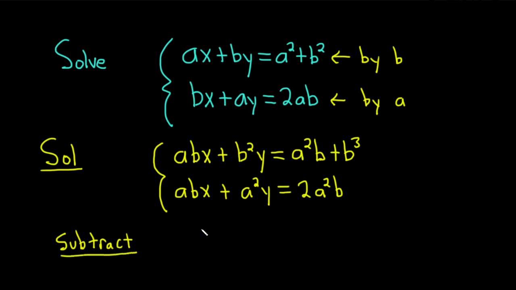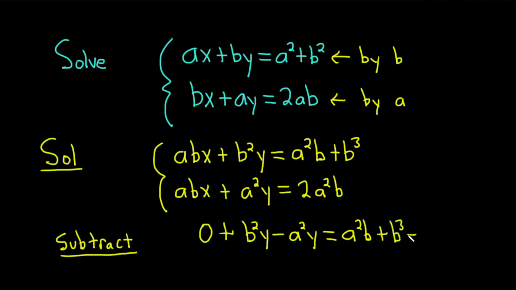So abx minus abx is 0. And then we have plus b squared y minus a squared y. And this is equal to, and then here we have a squared b plus b cubed, so a squared b plus b cubed minus 2a squared b.